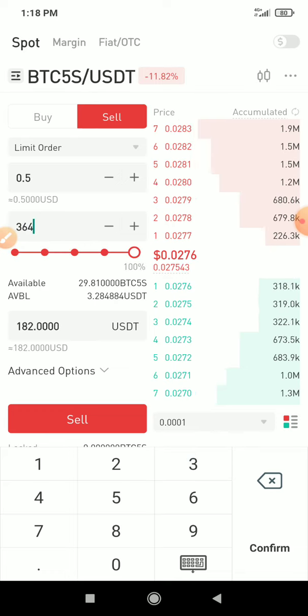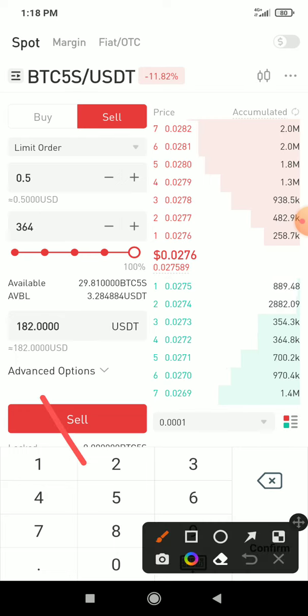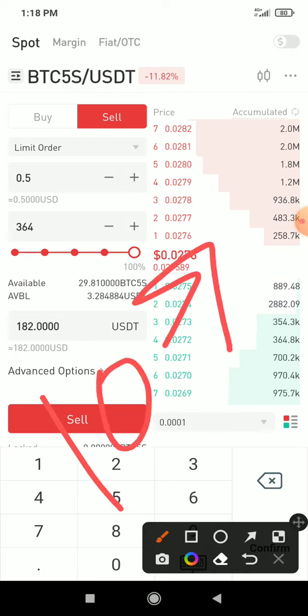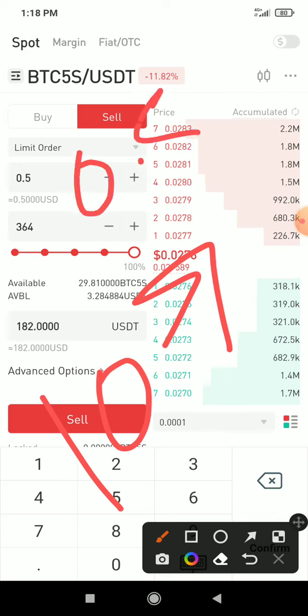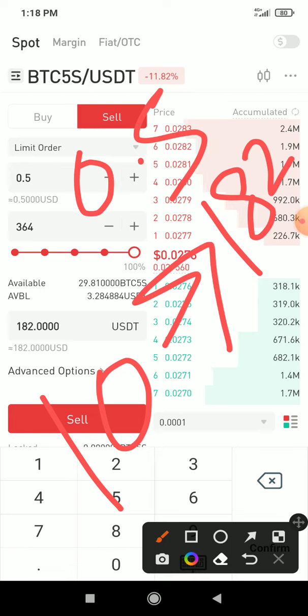In this way, our 10 USDT at 0.5 price goes to 182. This is the way we earn a minimum amount and take the maximum profit.